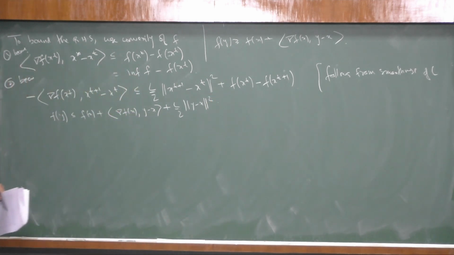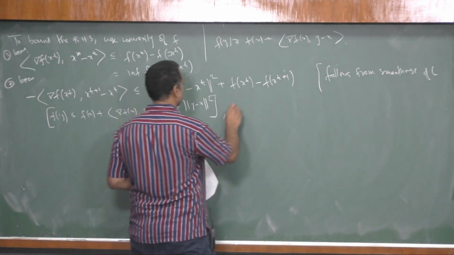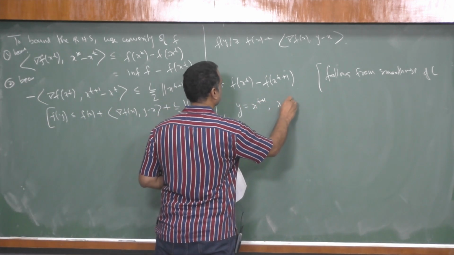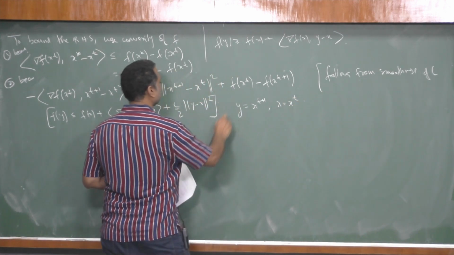So basically we have to figure out what is a suitable x and y so that this is satisfied. This is the only thing we are supposed to do. So what do you suggest as x and y looking at this? y is xt plus 1 and x is xt.